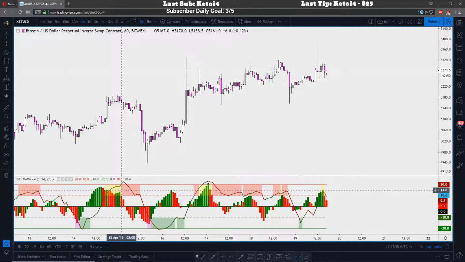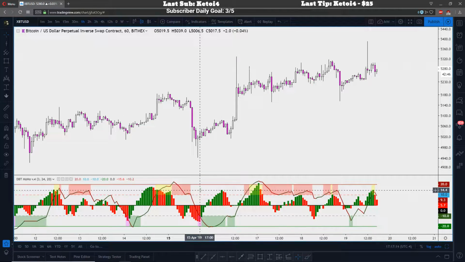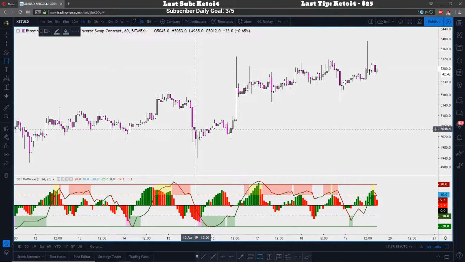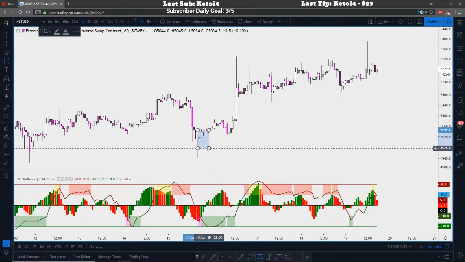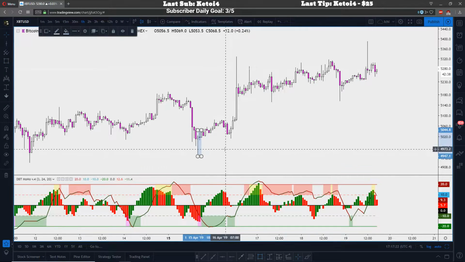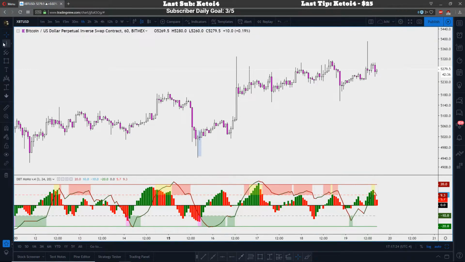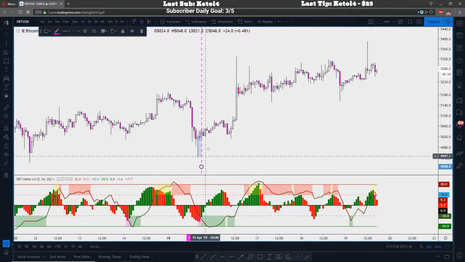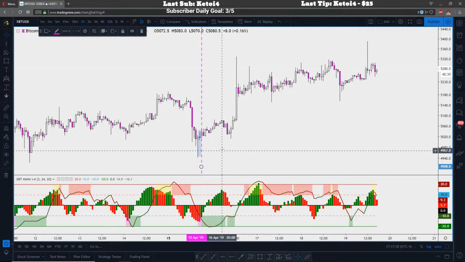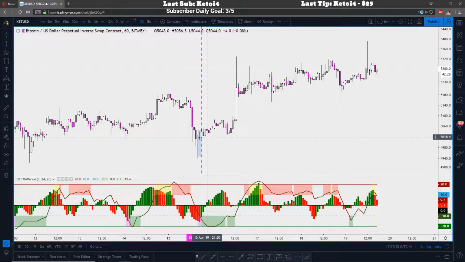And vice versa for purple and green. If it's purple, it's warning you that this is extremely likely a bottom. If the purple turns off and price is rising with the price line, the histogram, it becomes even more likely that that is becoming a bottom.